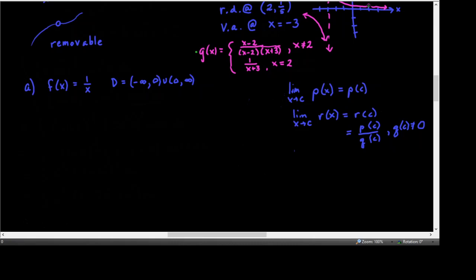So since f of x equals 1 over x is a rational function, we'd want to make this argument: f is a rational function, which is continuous on its domain, according to that theorem.